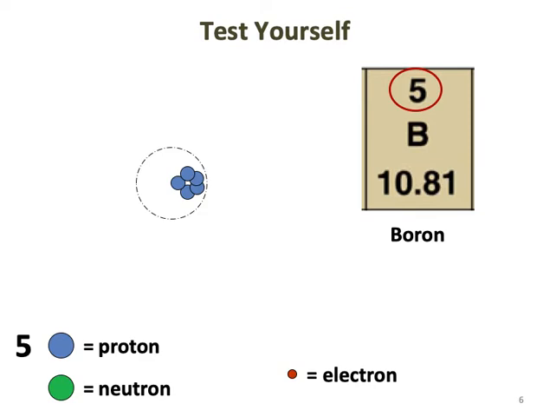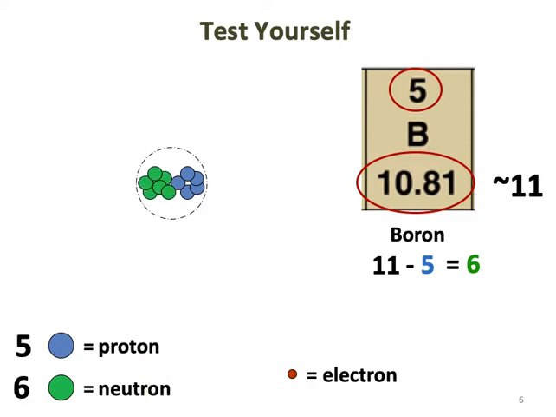All right, how do we figure out the number of neutrons in boron? Take a look at the atomic mass, round that to the nearest whole number, and subtract the atomic number, which is the number of protons. What we're left with is 6, which is the number of neutrons.